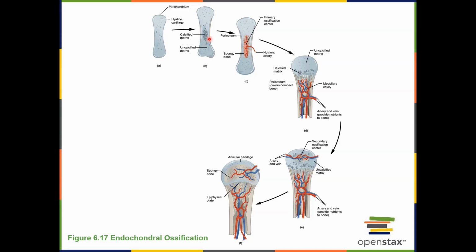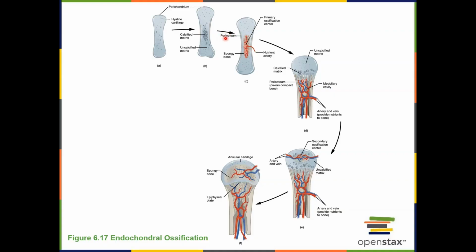Blood vessels start to grow inside of there, and they carry in with them osteogenic cells that differentiate to form osteoblasts. The osteoblasts start to secrete osteoid and create a primary ossification center. The superficial membrane surrounding this structure now differentiates into a periosteum.